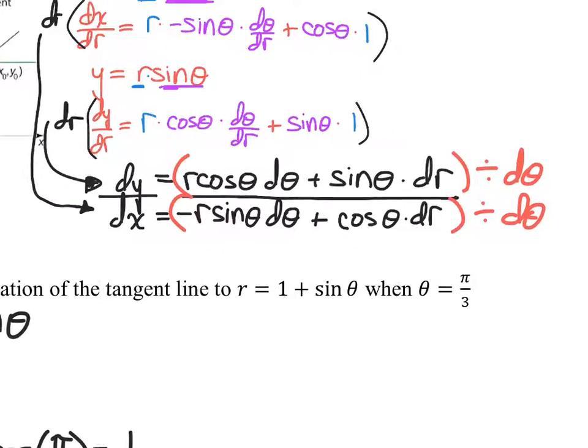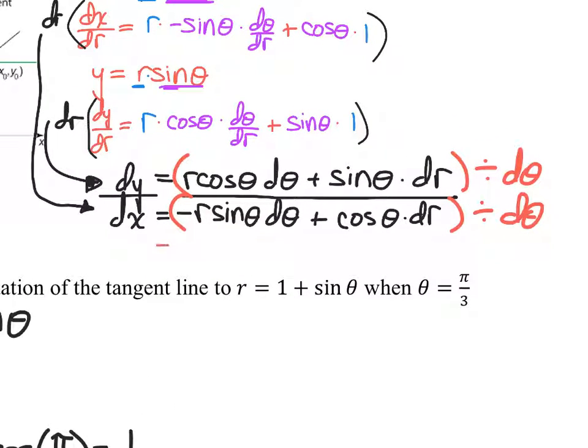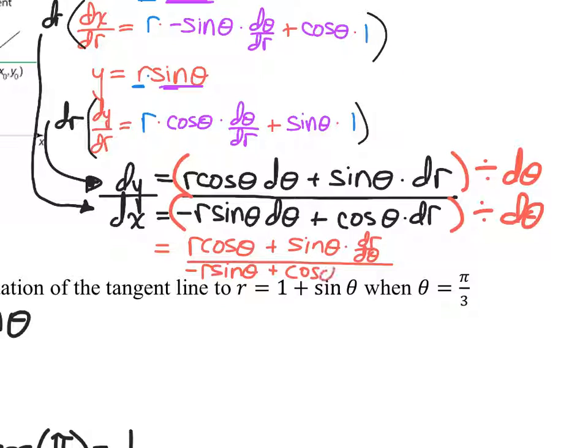All right, in which case, you'll end up with r cosine theta plus sine theta times dr d theta, over, same stuff really, just different organization, negative r sine theta plus cosine theta times dr d theta.